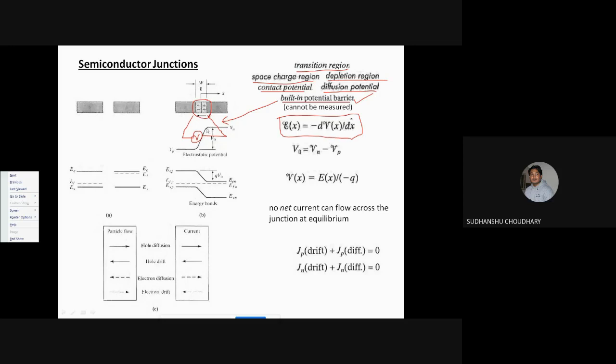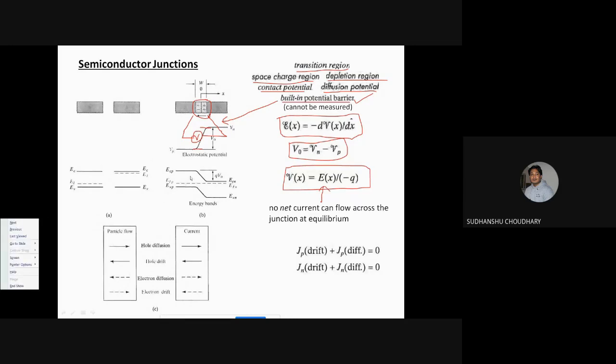Obviously the difference is Vn minus Vp, so electrostatic potential can be calculated by simply subtracting Vp from Vn at this edge. This electrostatic potential is also related to the potential energy of electrons in the energy band model.